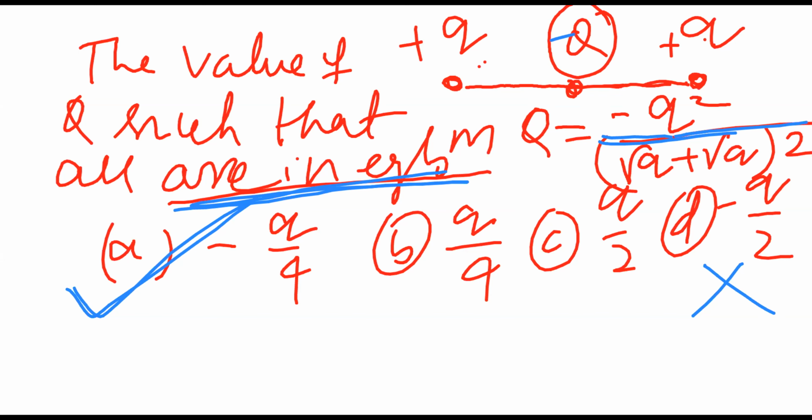If all are not in equilibrium, and only Q is in equilibrium, then the middle charge can be anything, either plus or minus, of 1000 magnitude or 10,000 magnitude, it does not matter. But when all are in equilibrium, that time you have to be very careful. And in the lecture class, I have already told you how to solve this.